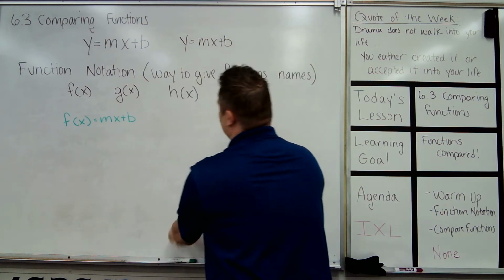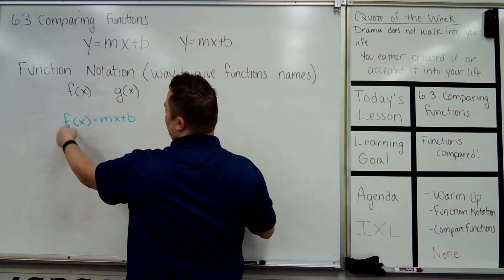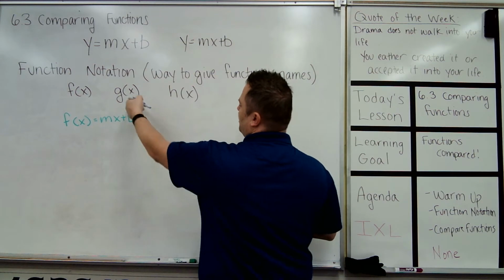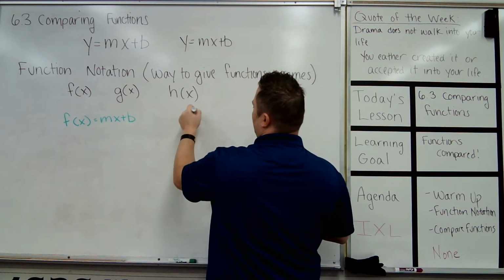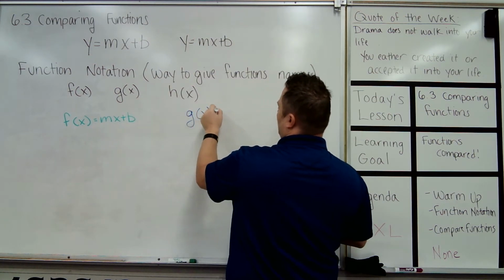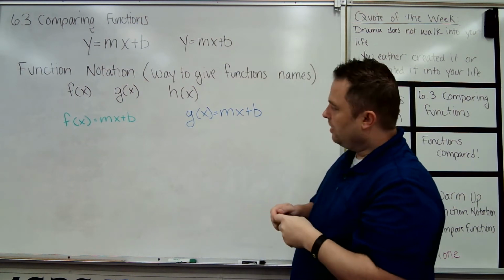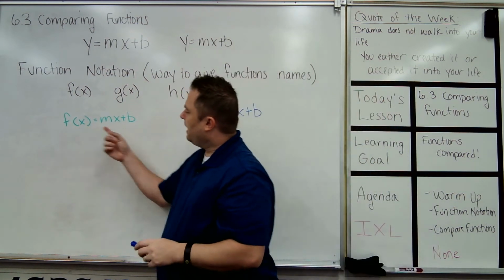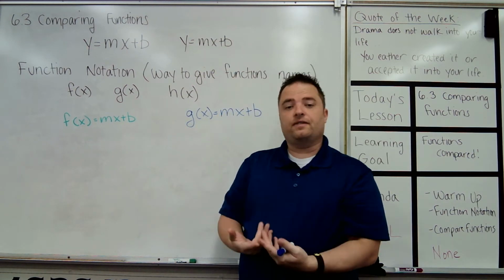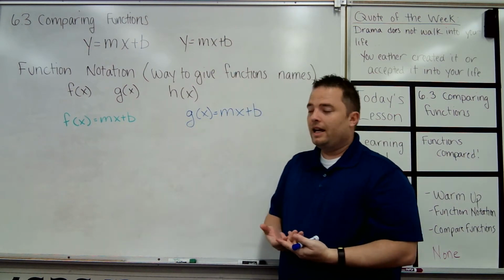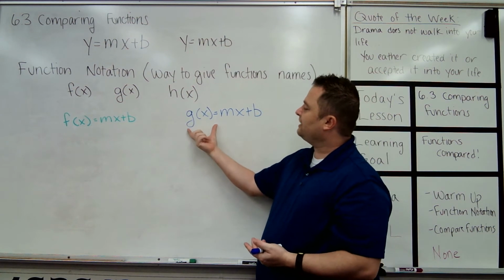And the example of this second one, they won't choose f because that would be like giving it the same name. So maybe they'll use g. So g of x equals mx plus b. So f and g are just the names of the functions, okay? And where they decide to put it is they replace the y.